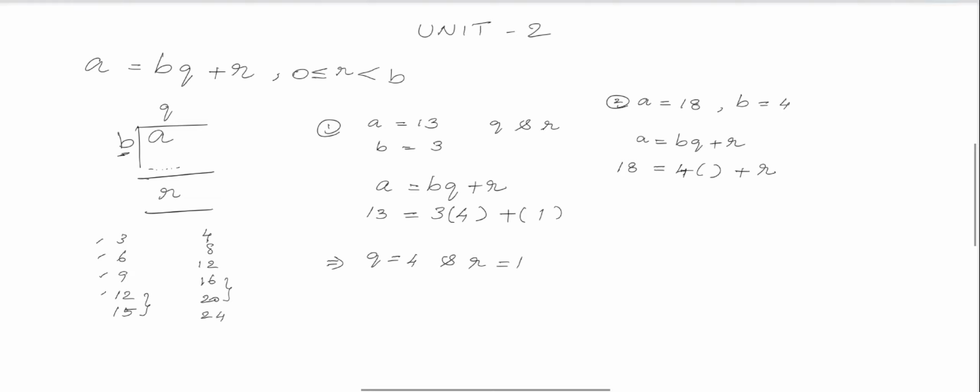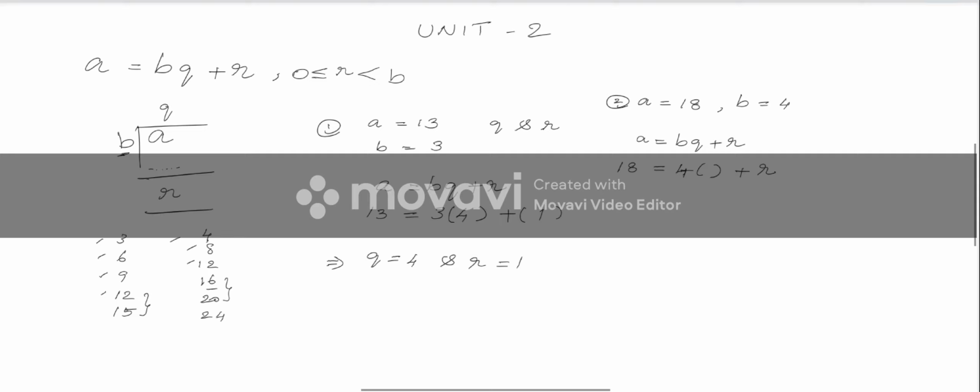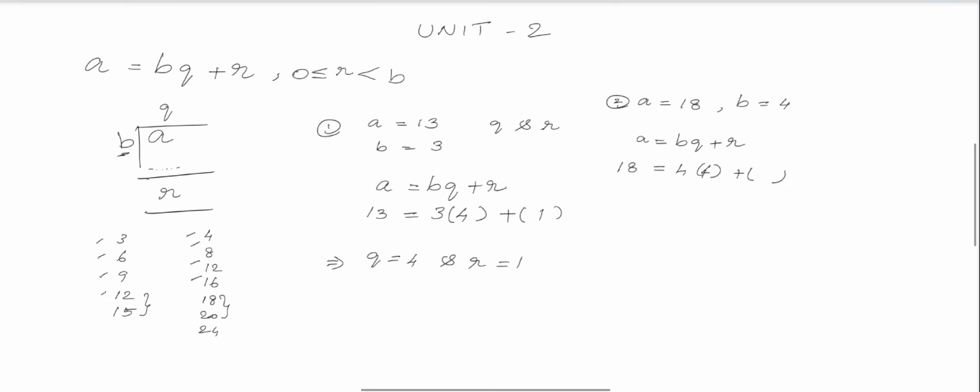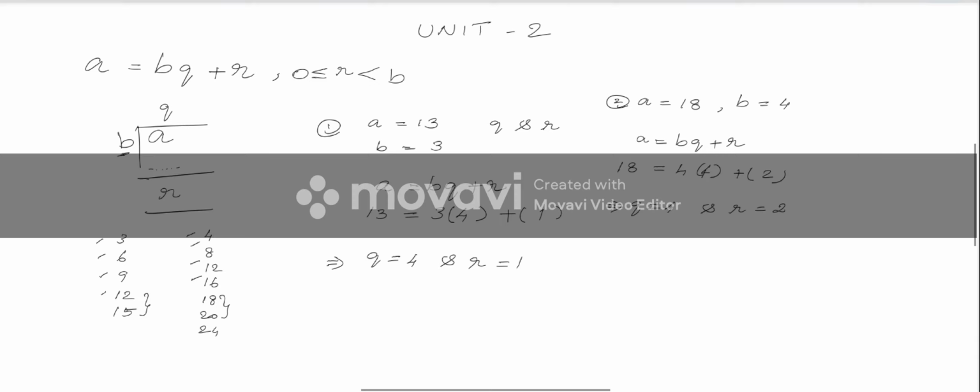We'll take 16, which is 4 fours. So 4 into 4 is 16, and 16 plus 2 is 18. So your quotient is 4 and your remainder is 2. Are you able to understand this lemma? Shall we pass to the next one?